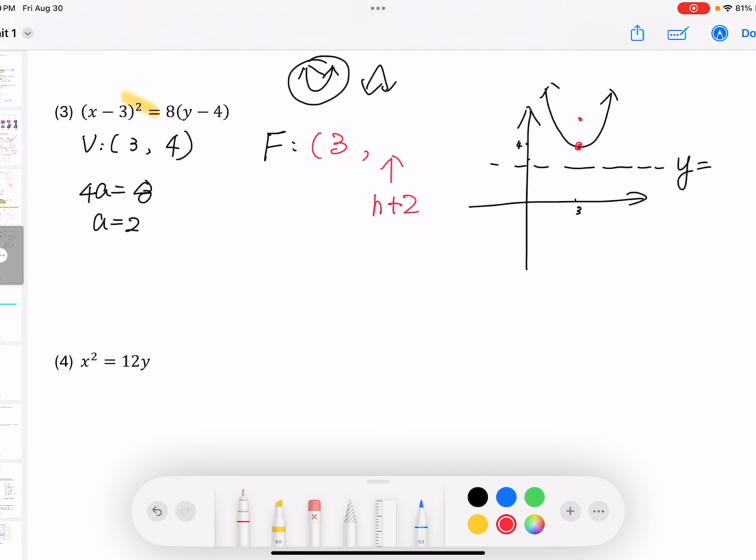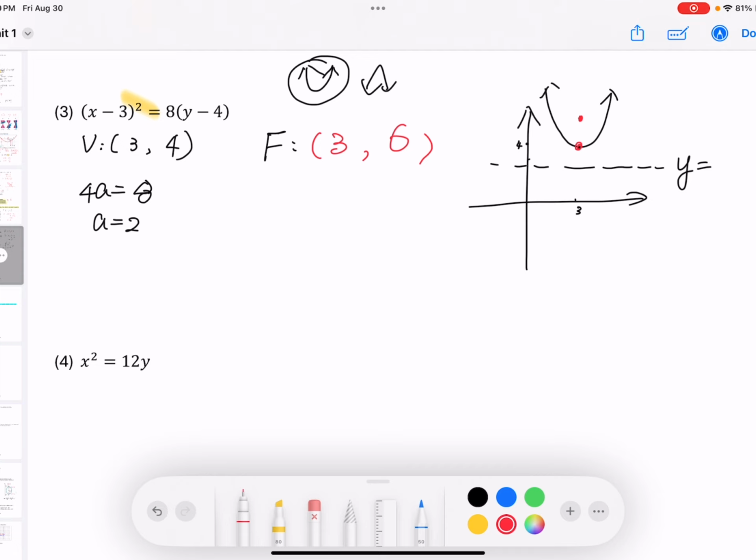We can find the y coordinate. h is 4, a is 2. 4 plus 2 is 6, so 3, 6. It is my focal point, or we say focus. So this point is 3, 6.